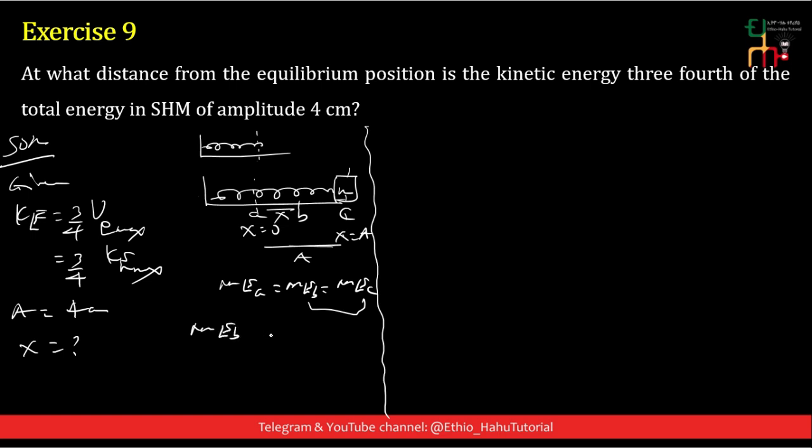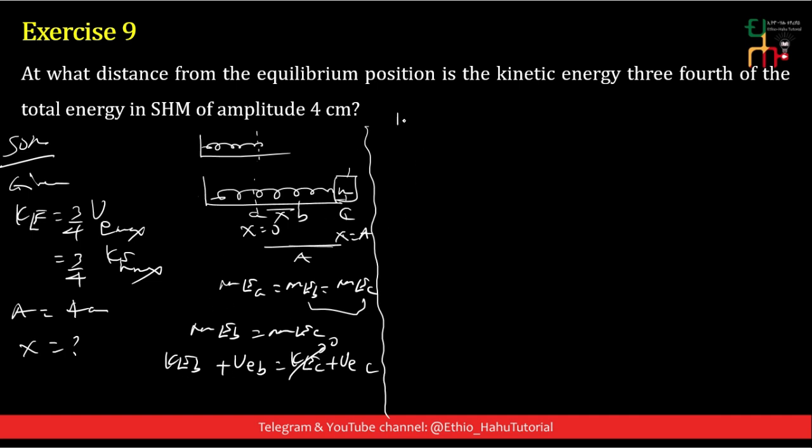Mechanical energy at B is equal to mechanical energy at C. At point B, we have kinetic energy plus elastic potential energy, which equals the kinetic energy at point C plus elastic potential energy at point C. But at point C the speed is 0, hence kinetic energy is 0 and elastic potential energy is maximum. At point B we have both kinetic energy and elastic potential energy.